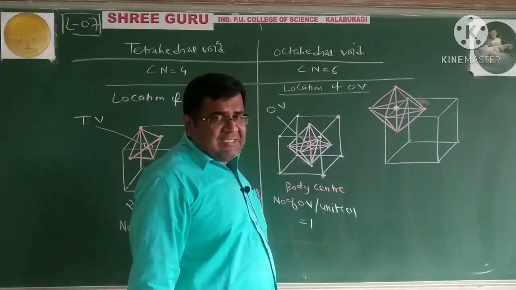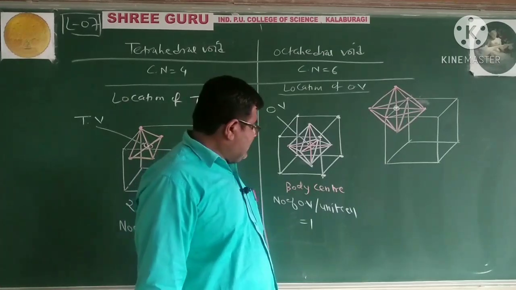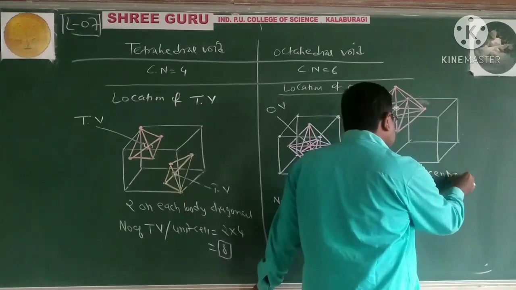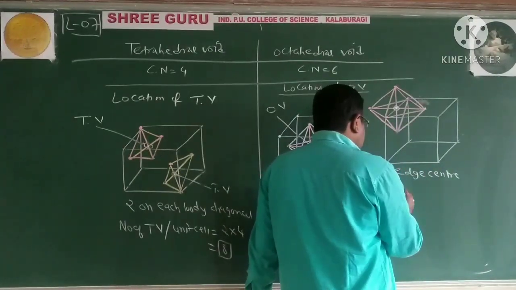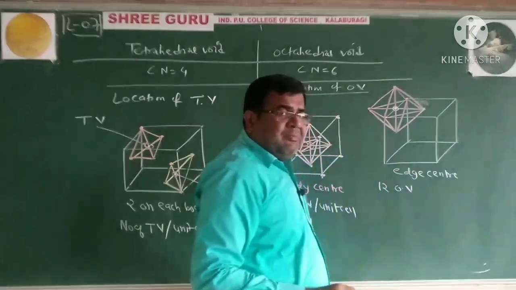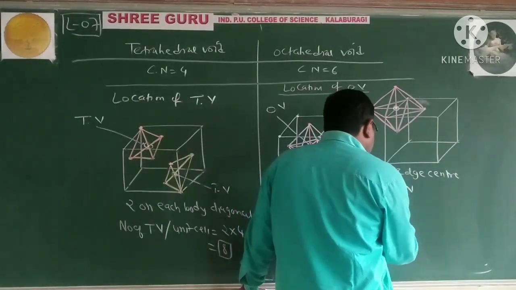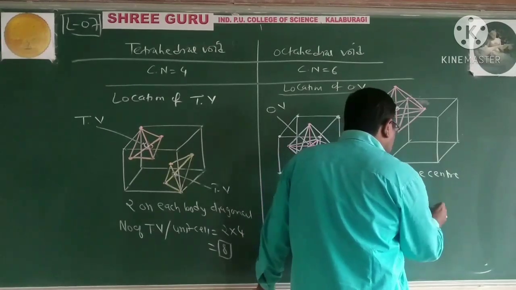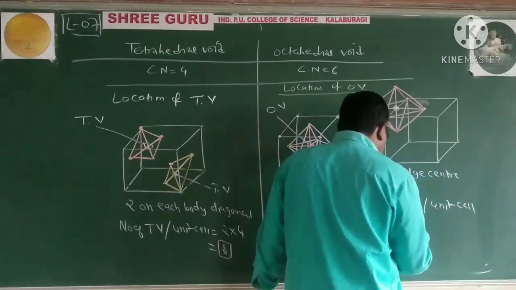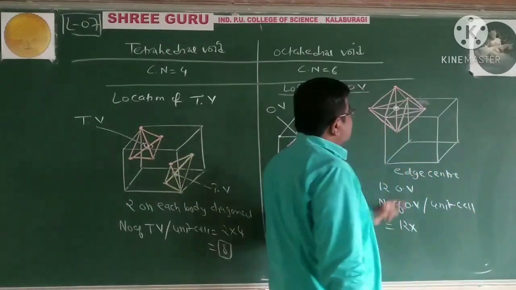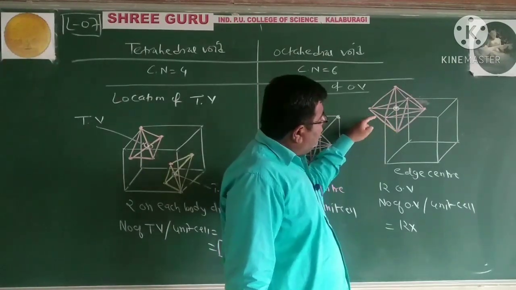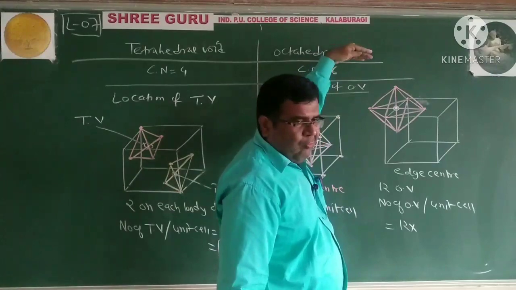So how many edge centers are there? There are 12 edge centers. So 12 octahedral holes are present, but the number of octahedral holes per unit cell is different, because we know that the particle present at the edge center is shared by 4 unit cells. 1, 2, 3 and 4.